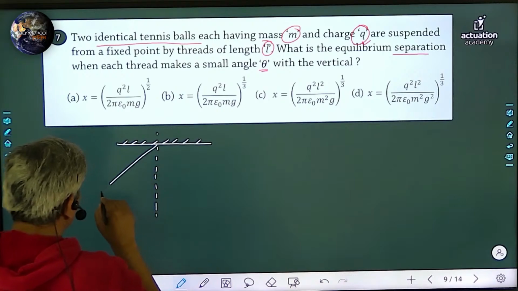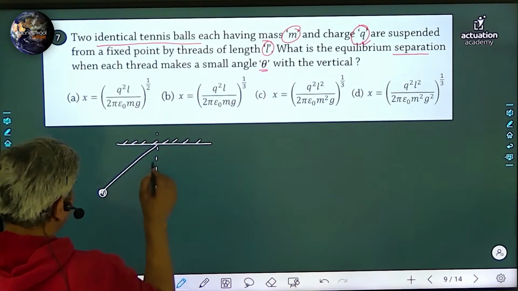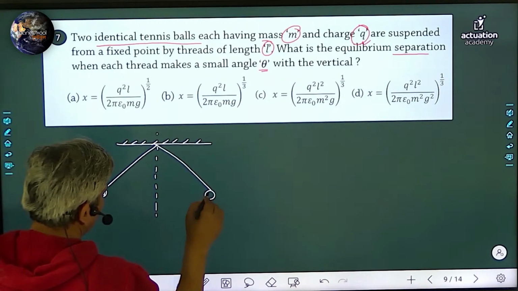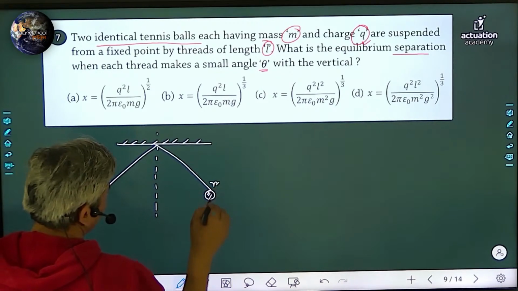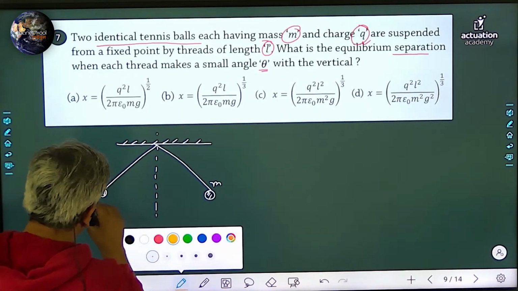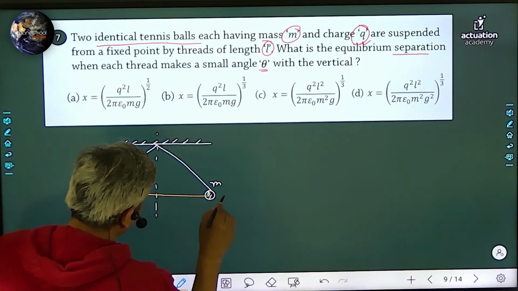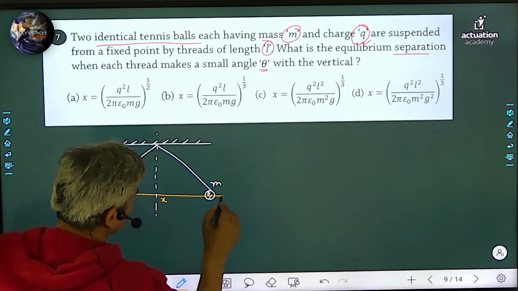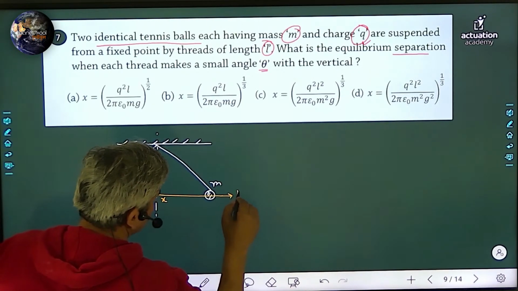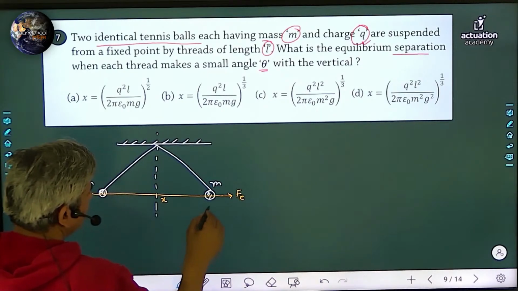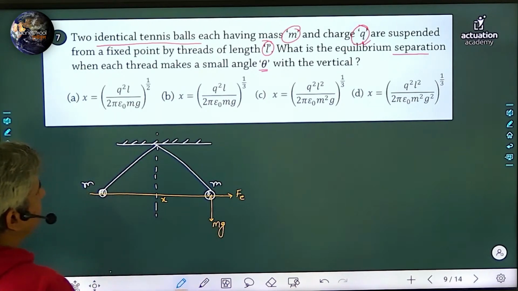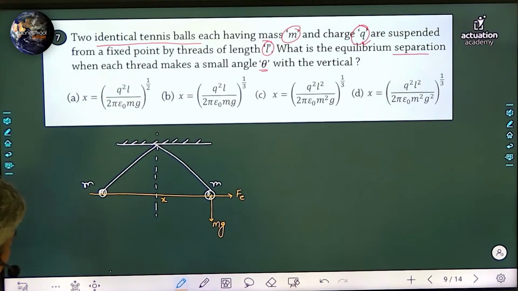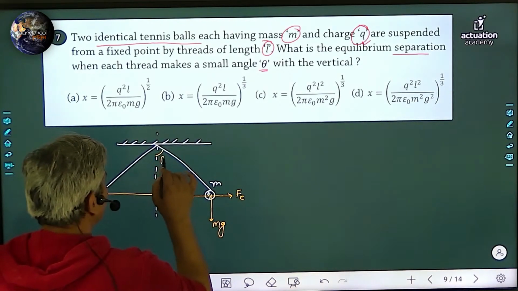So the condition is something like this: these are two tennis balls, each of mass m, and they are separated by a distance x. So this is the electrostatic repulsive force. We know this is mg. And let's say this is angle theta.